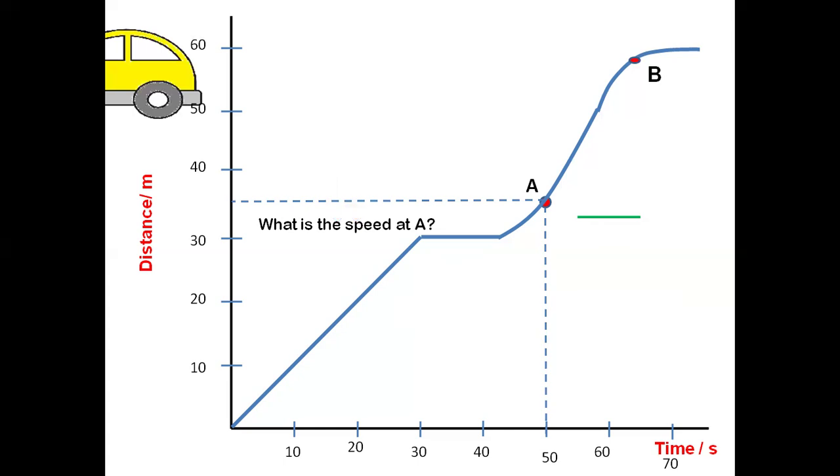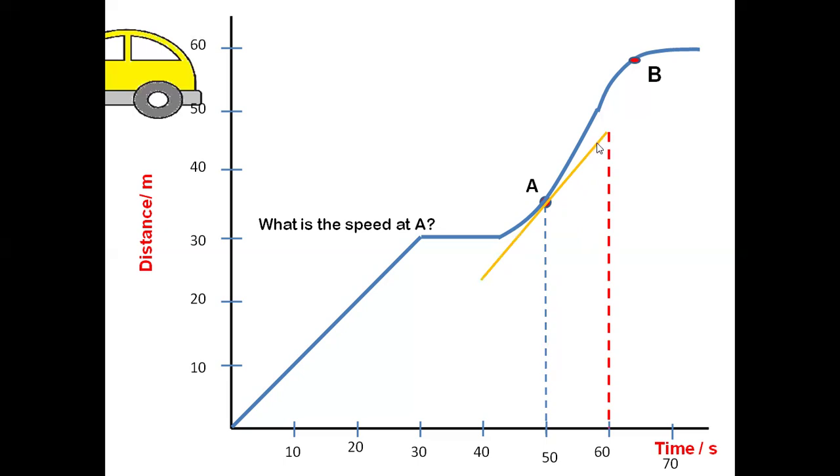And what will be the procedure? We have to draw a tangent at that point. So since the speed is to be found at the time of 50 seconds, two points are taken. One is at one end. It's not necessary that you take the extreme end.